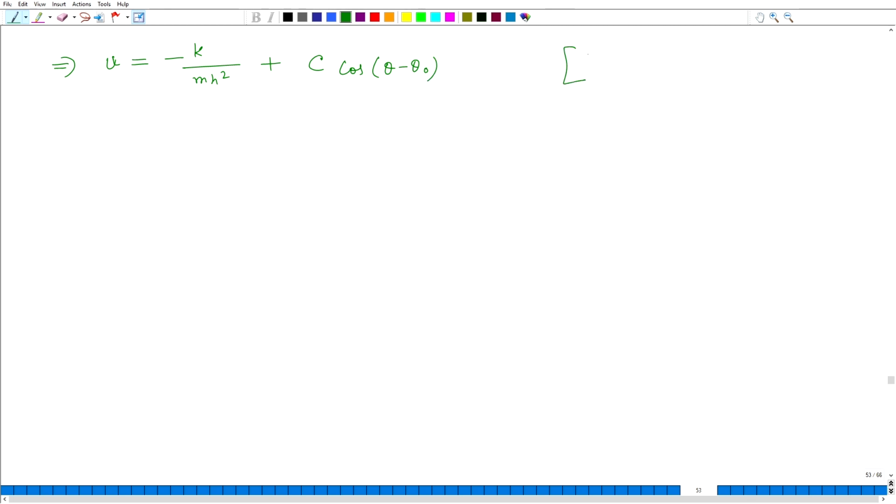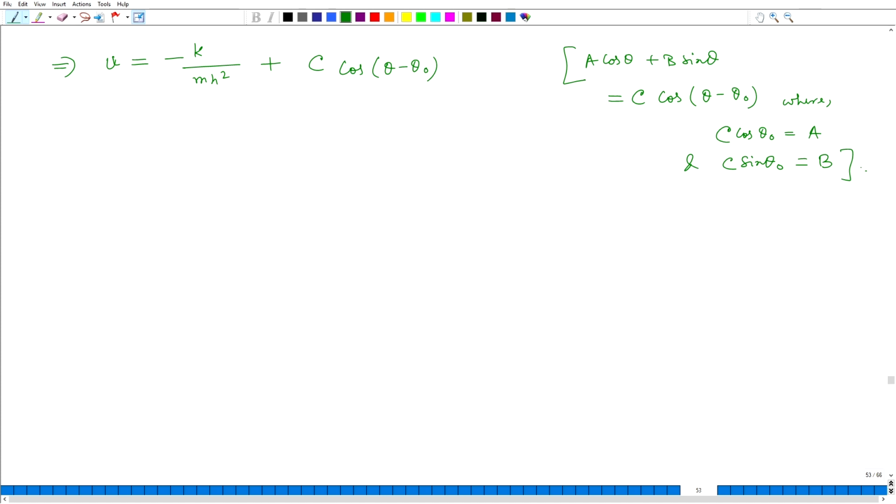You now know from one of the previous lectures that if I have this form a cos theta plus b sin theta, you can choose some c and theta 0 in such a way that c cos theta 0 is equal to a and c sin theta 0 is equal to b.